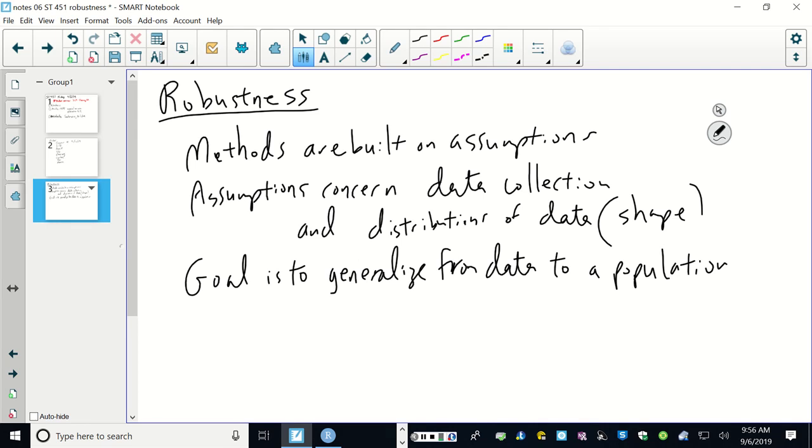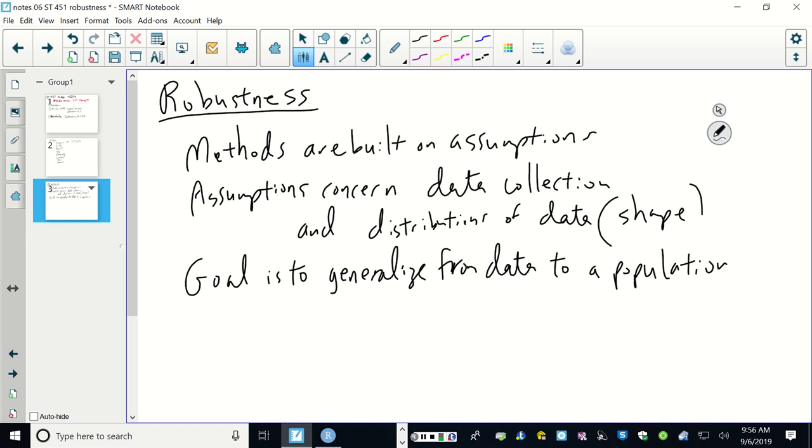And in this process of generalizing from data to a population, you have a method. If it's built on assumptions, and some of the assumptions aren't very valid, then the inference might not be that useful, might be inaccurate.